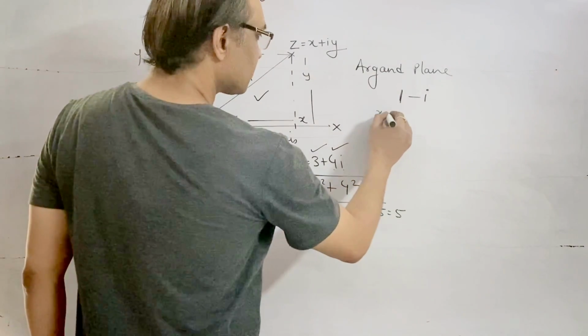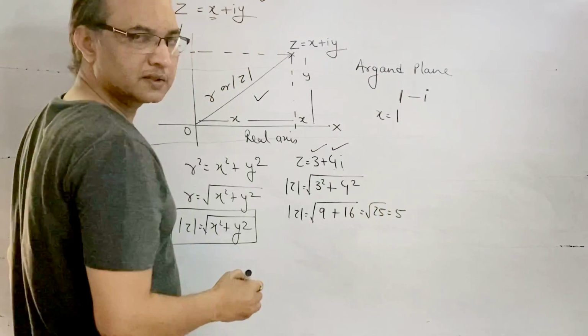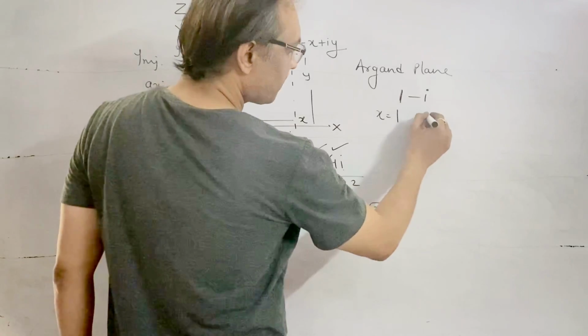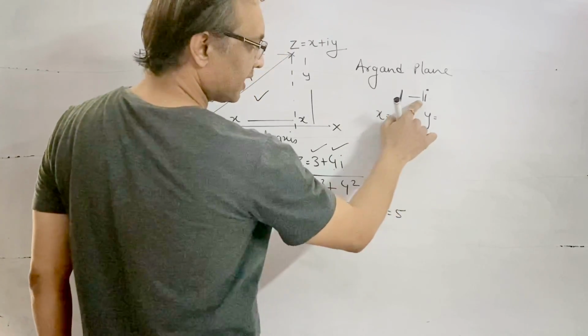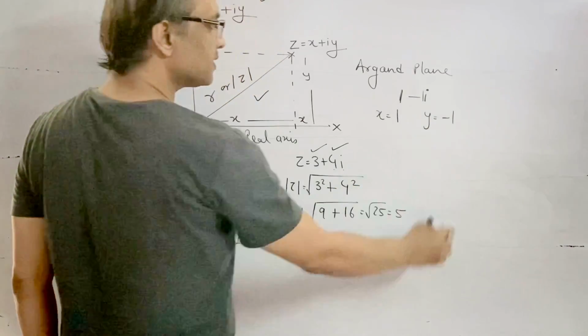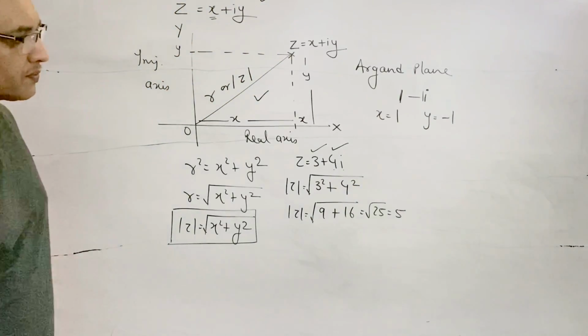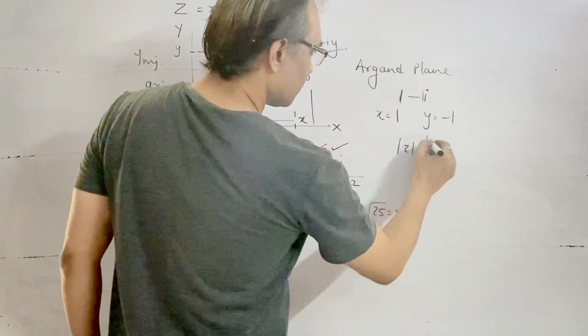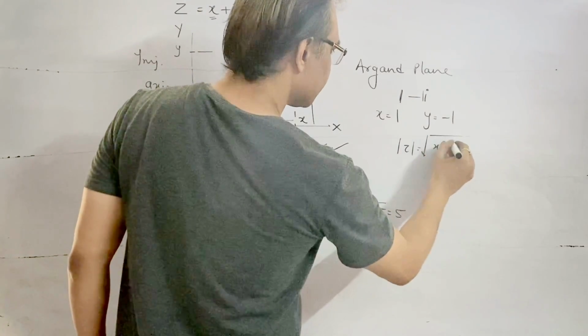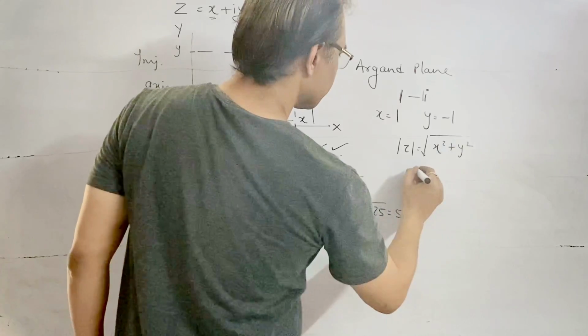The real part of this complex number is 1. The imaginary part is the coefficient of i, that is minus 1. So y is minus 1. Now mod of z is under root x square plus y square.